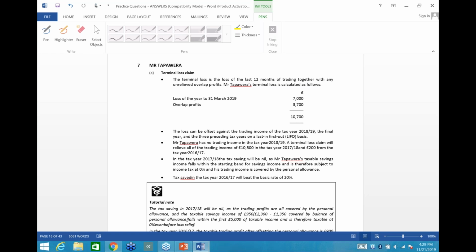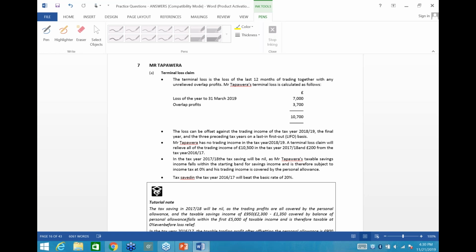Explain the implications of Mr. Tapp making a terminal loss claim. You are not required to produce detailed calculations. Okay. What do you mean by terminal loss relief? If you have ceased trading, if you are going to wind up the business, within the last 12 months of trading, if you have incurred a trading loss, that trading loss can be set off first against the trading profit of the last tax year.